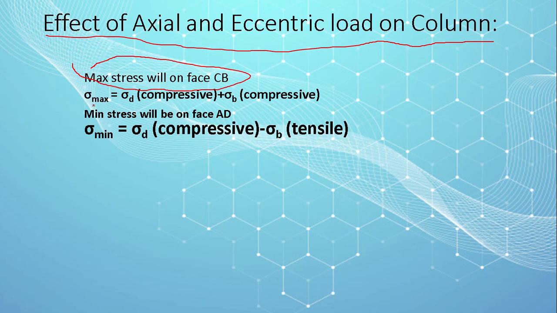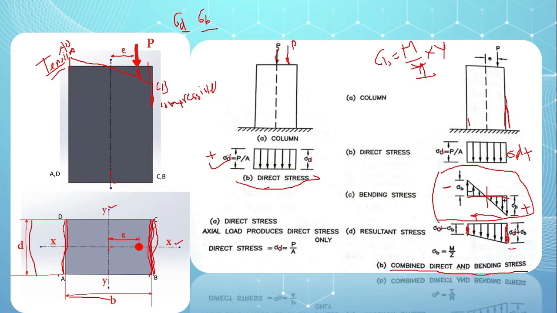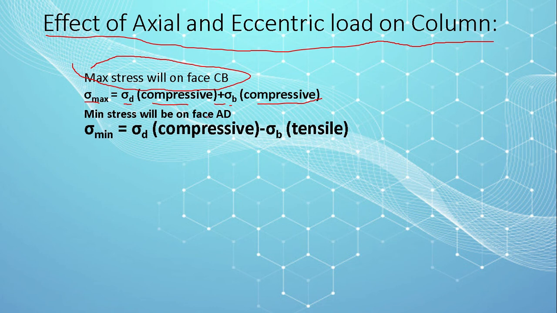Sigma max is equal to sigma d compressive plus sigma b compressive, and this minimum stress will be on face AD. Sigma minimum is equal to sigma d compressive minus sigma b tensile.